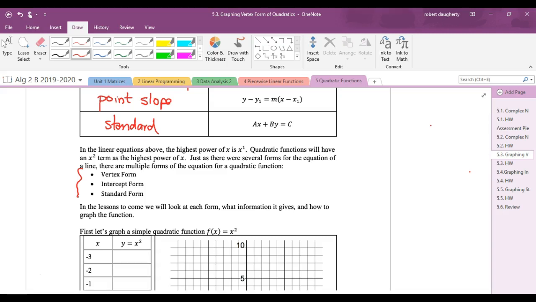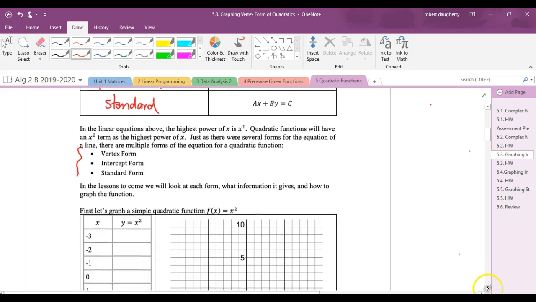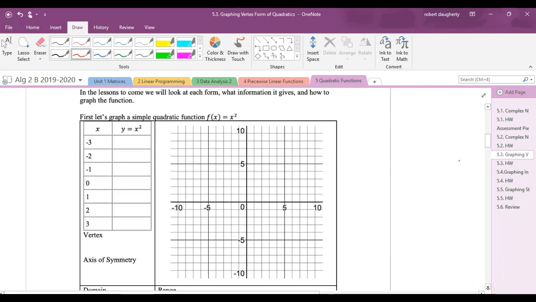Okay, so to get this kicked off, let's do a simple graph. Let's graph the easiest quadratic there is, which is y equals x squared. So what I'm going to do here is pick points for x and then figure out y. I've already picked those points. I'm going to substitute into y equals x squared. What happens when you square negative 3? 9. Square negative 2. That's 4, 1, 0, 1, 4, and 9.